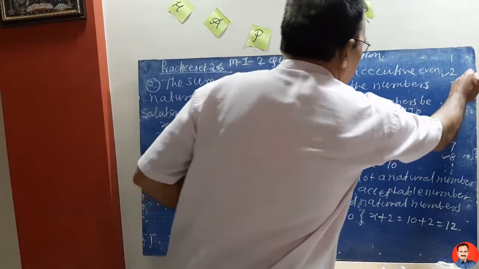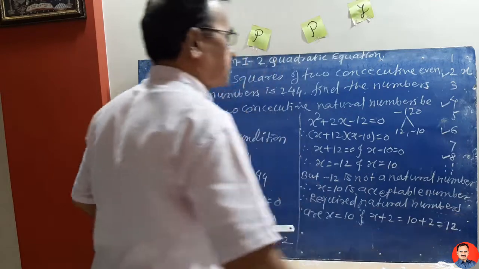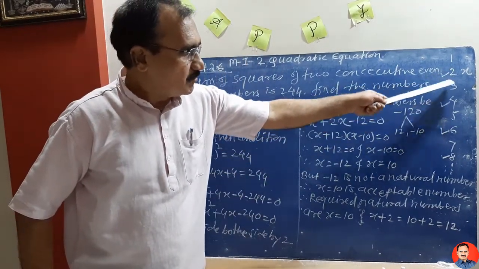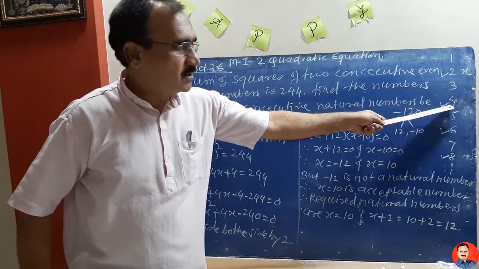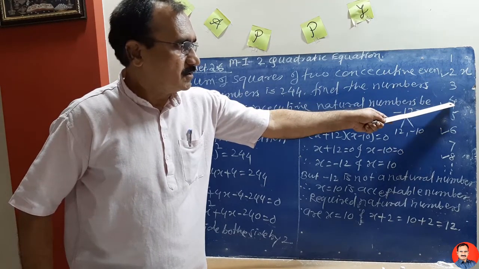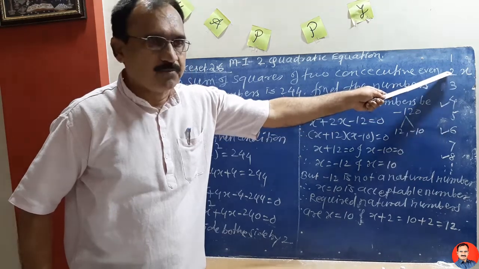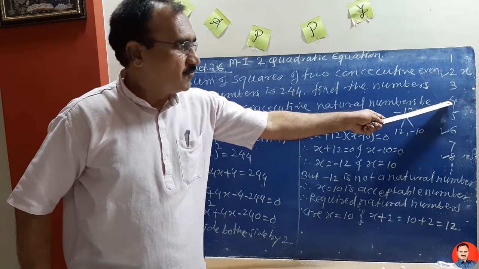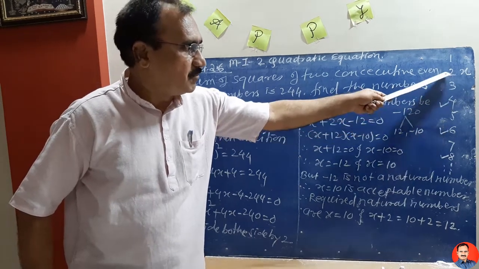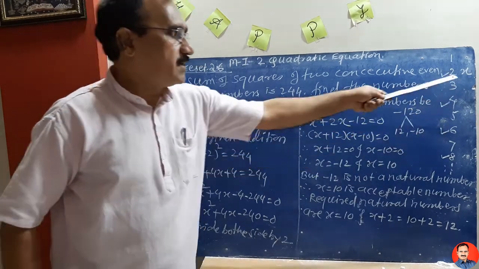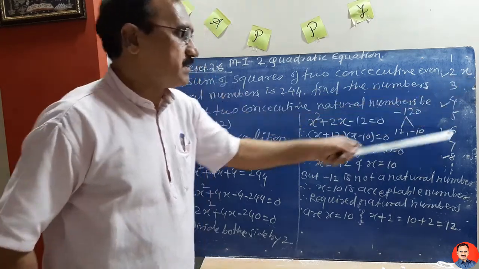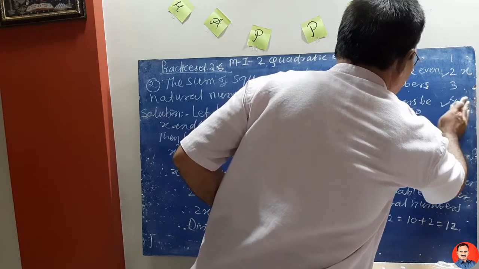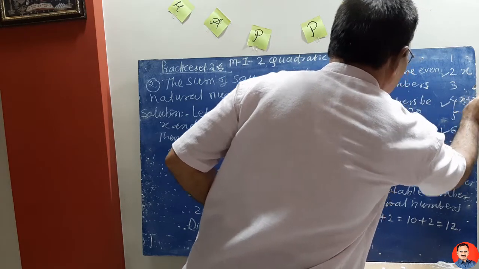Let the first even natural number be x. If we see these numbers, then we conclude that the next even natural number is more than the previous number by 2. If we consider the two consecutive natural numbers 2 and 4, and let the first even natural number be x, that means the next even natural number is x plus 2.